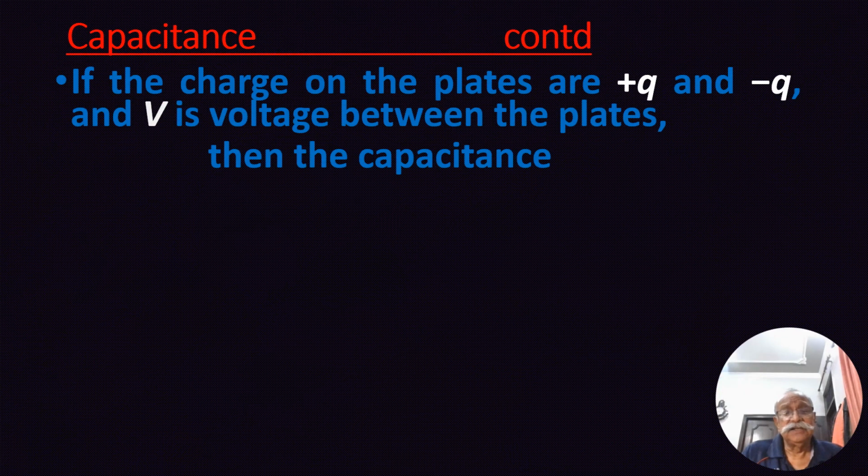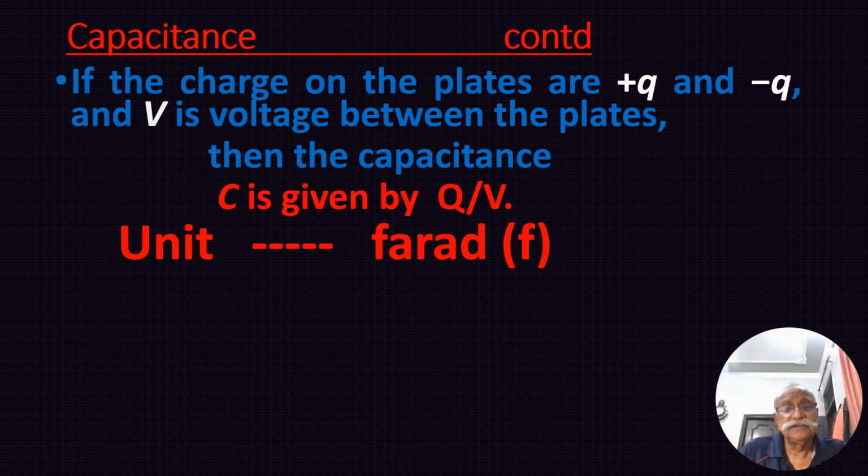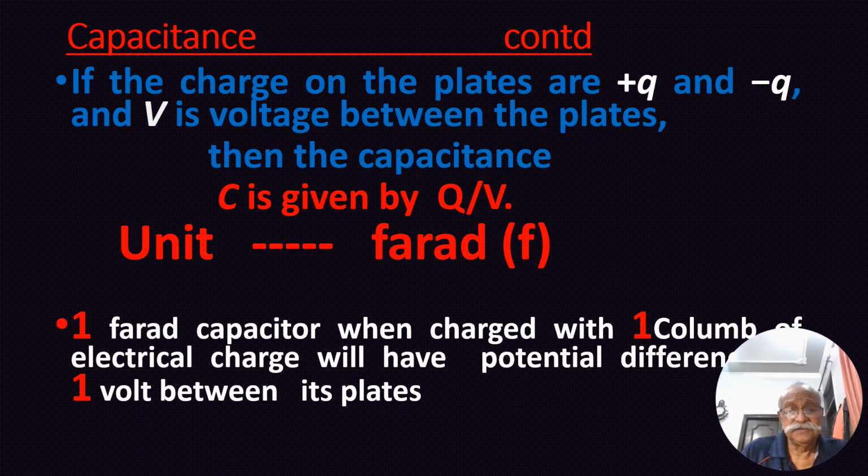If the charge on the plates is plus Q and minus Q, and V is the voltage between the plates, then capacitance is C equals Q by V, and the unit is farads. Farad was a scientist who invented this. One farad capacitor, when charged with 1 coulomb of electrical charge, will have a potential difference of 1 volt between its plates. This is one way to understand what 1 farad is.